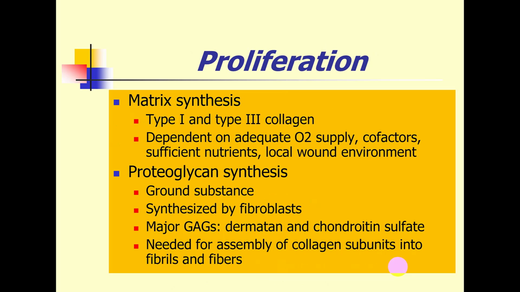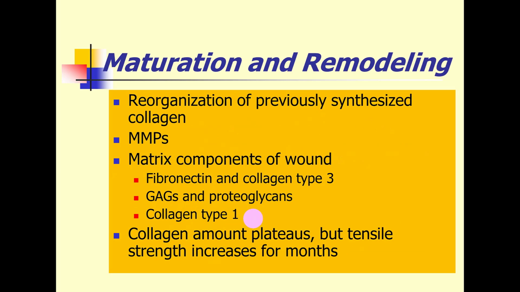All these are elements of the proliferation. Matrix synthesis and the start of collagen production depend on the oxygen supply, nutrients, and the local wound environment. Proteoglycan synthesis, the ground substance, is by the fibroblasts, the primary activity, producing the fibrils and fibers of the collagens.